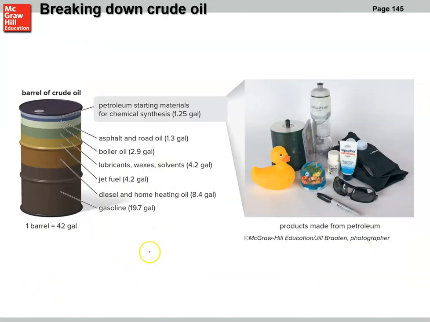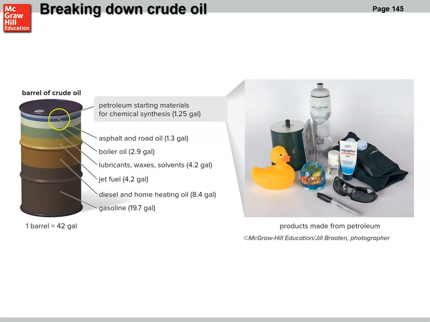Just because it's interesting to look at, if you have crude oil, you typically will distill that or change that into gasoline. It's going to be a little less than half of that. We get some diesel oil out of that, or diesel gases and heating oils. Jet fuel is a small component. Lubrication, waxes, and different solvents, different oils.